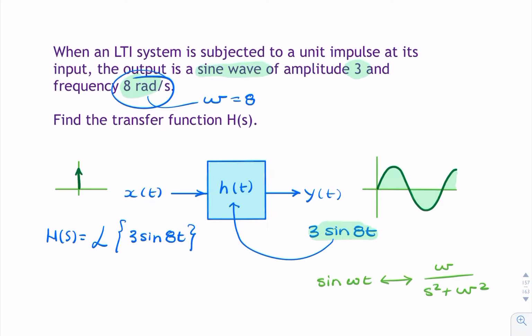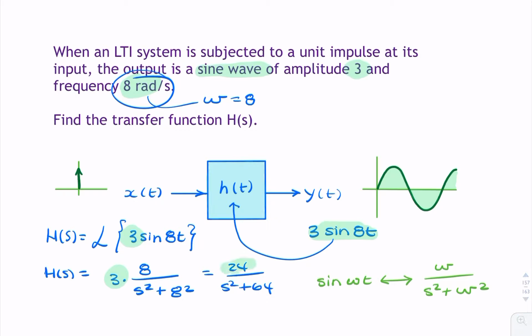So with omega equals 8, the expression for h of s will be 8 over s squared plus 8 squared, multiplied by 3. So that's my 3 there. So the final expression for h of s will be 24 over s squared plus 64.